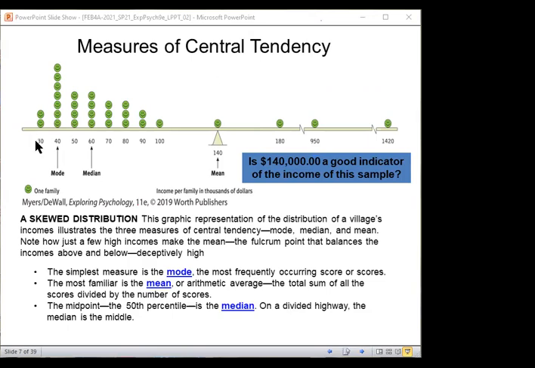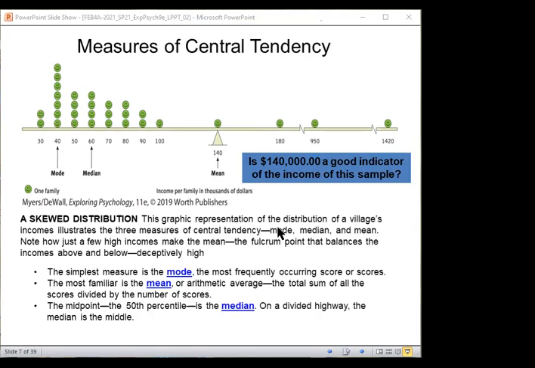So we see here 30,000, 40,000, 50, 60, 70, 80, 90, 100, 140, 180, 950,000, and 1.4 million. So in a particular range or area, these are the salaries being made by these individuals.